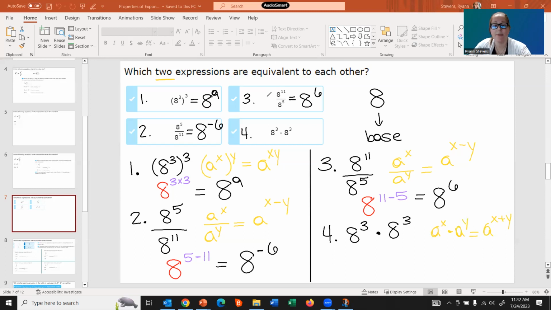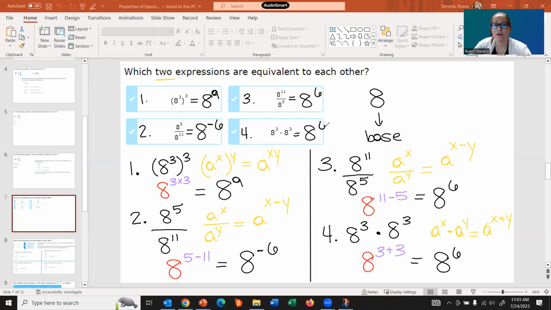And so when we look at this, we would say, okay, so our base stays as 8, and then we would take our exponents of 3 plus 3, and then we can have a final answer of 8 to the 6th. 3 plus 3 would give us 6.